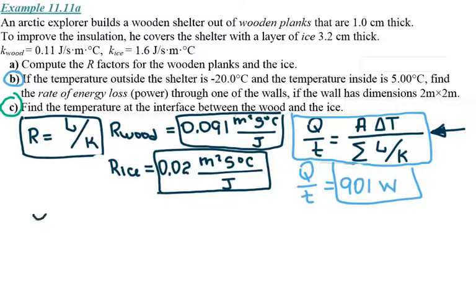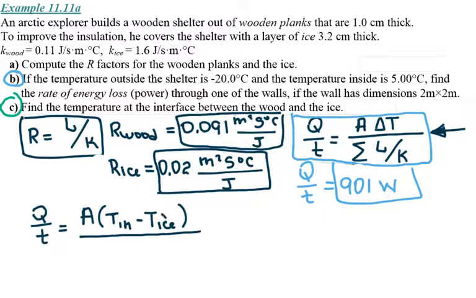So I have the heat flow is equal to the area, times the temperature inside minus the temperature between the wood and the ice, and then divided by L over K for wood only.